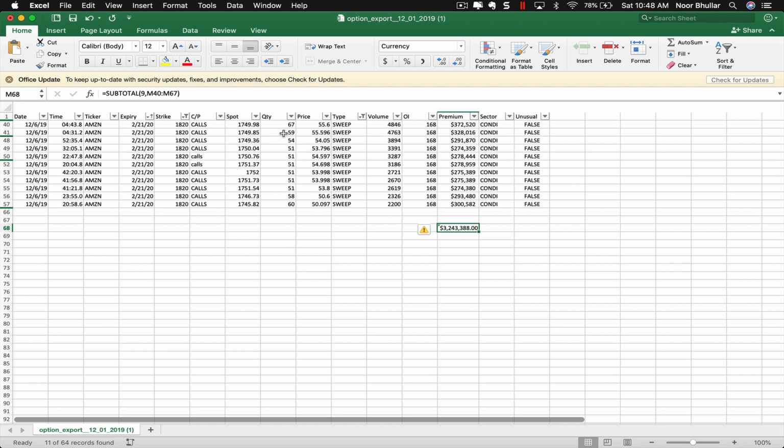So we have 1, 2, 3, 4, 5, 6, 7, 8, 9, 10, and 11 of these, right? So let's sum this up and see. So what's the average price? It equals this divided by 11. So the average price that they paid was $54.90, right?